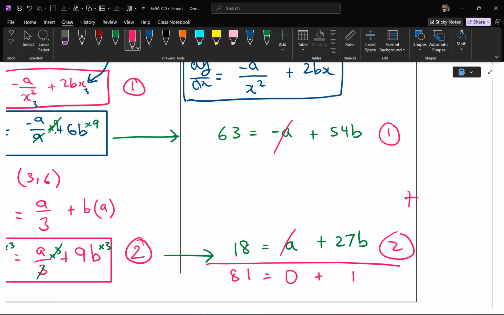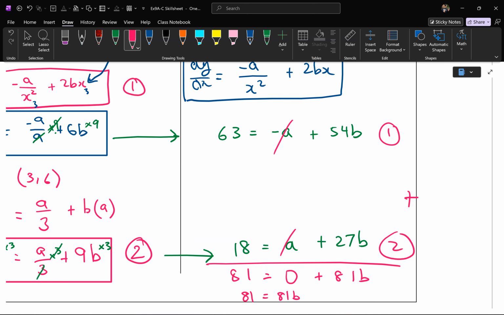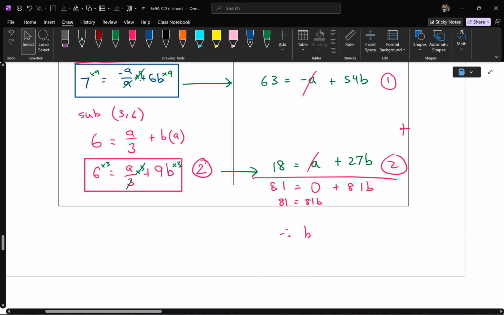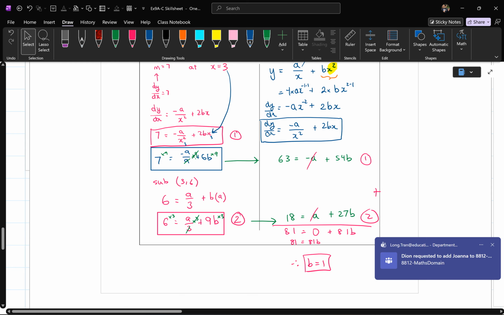That's 81b. So it turns out 81 equals 81b, and therefore b equals 1. Well, that's nice. And then if b equals 1, you can sub it back in to find a.